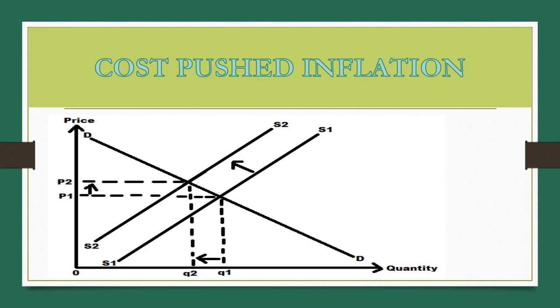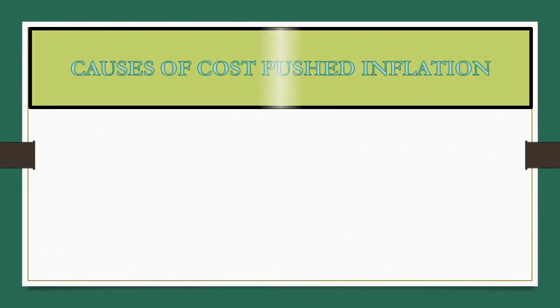When supply reduces at a constant demand for the commodity, there will be shortages or pressure, and this shortage would increase the price of the good from P1 to P2, leading to something we call inflation, cost push inflation.